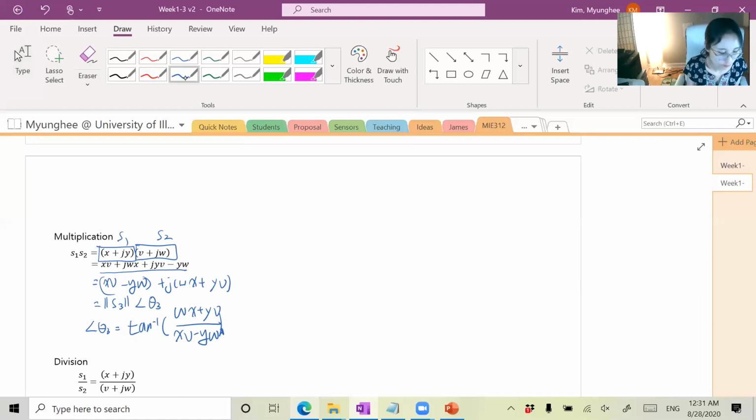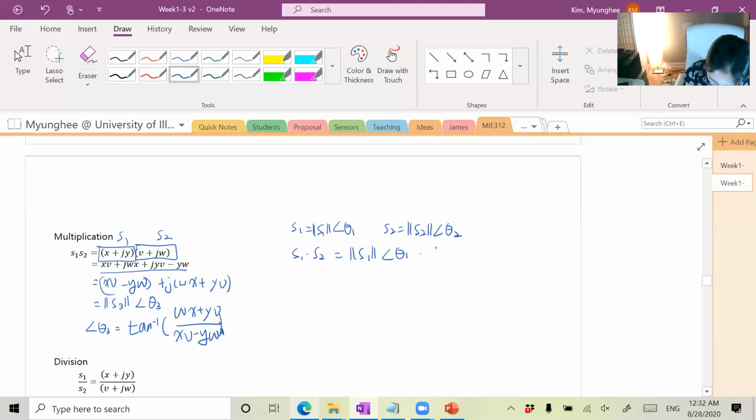But you can even use a simpler approach. I will not prove anything, but let's say S1 is S1 angle theta 1, and S2 is S2 angle theta 2. Then S1 times S2 is S1 angle theta 1 times S2 angle theta 2.